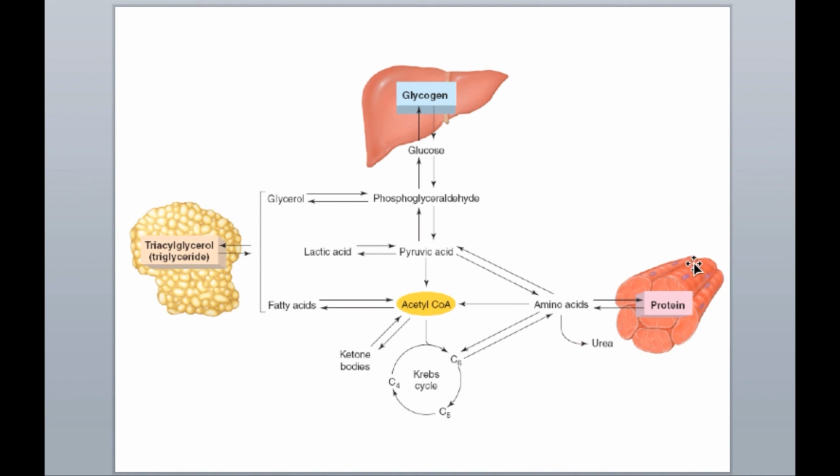Now, in the case of protein, so we have a muscle tissue over here. We're going to break that down into amino acids. We're going to lose a little bit of ATP getting rid of that nitrogen through the urea cycle, and we're going to excrete it through the urine. Now, certain amino acids can be converted into intermediates of this Krebs cycle or to pyruvate or acetyl-CoA, just depending on what the amino acid is and how it can be converted.